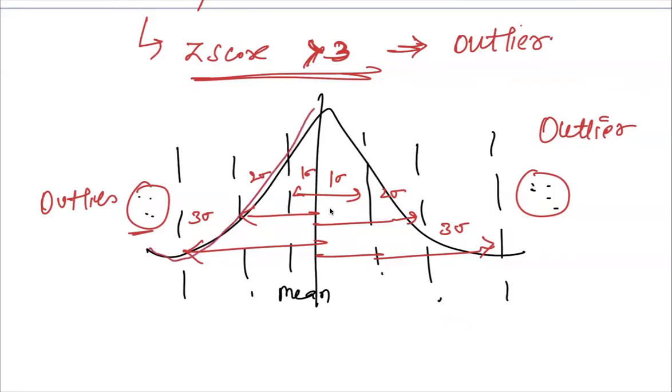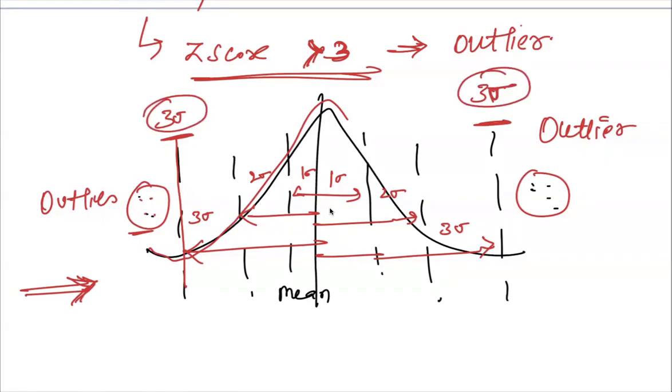How have I gotten this? It's from a visual representation: if you organize your data in histogram format, or do any distribution on your data, any observation that lies beyond your third standard deviation is what we say is an outlier. Okay, is this clear? Please tell.